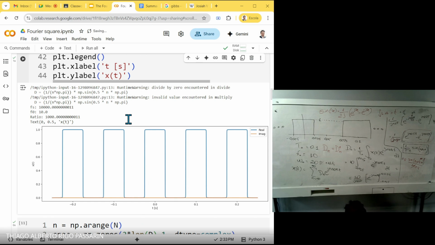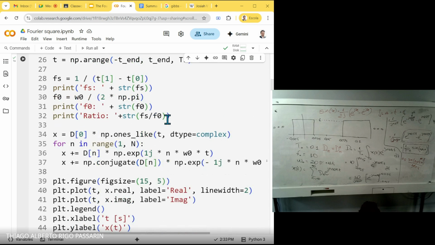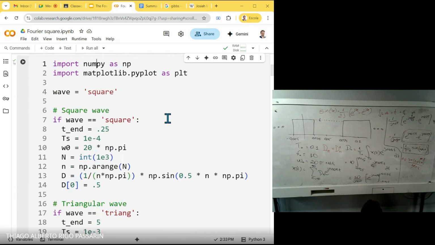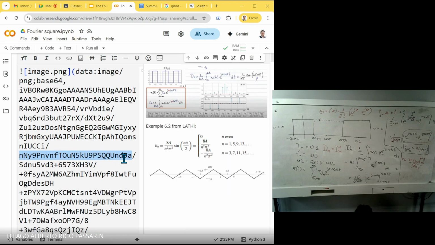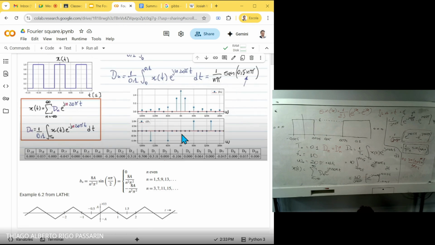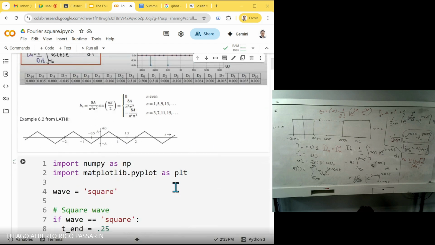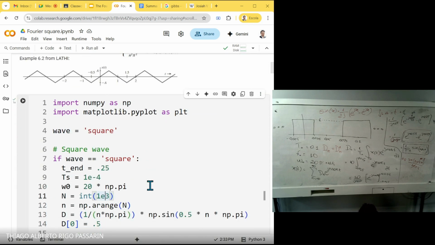Now there's one interesting thing. As I vary n, let's see what happens if I get n equal to 1.